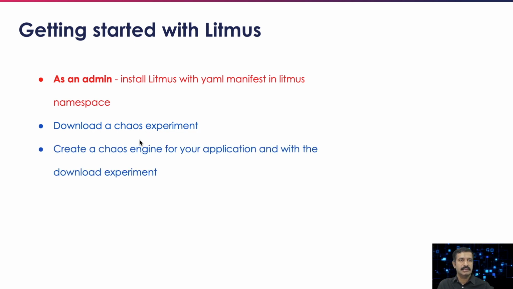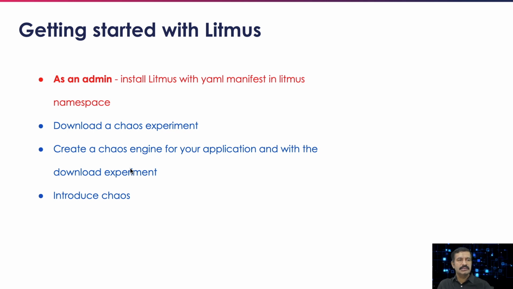So you download a chaos experiment, and then you construct a chaos engine spec, attach it to your target application with this chaos experiment, and then you run it by running this chaos engine.